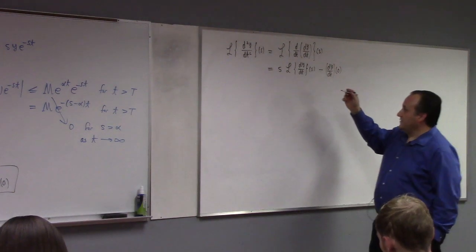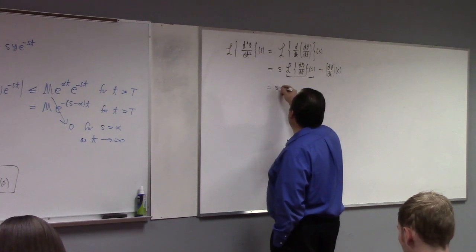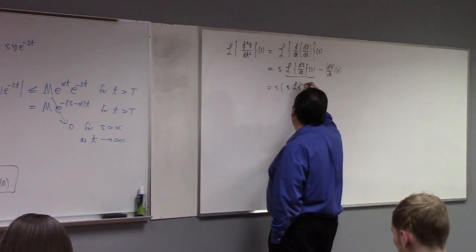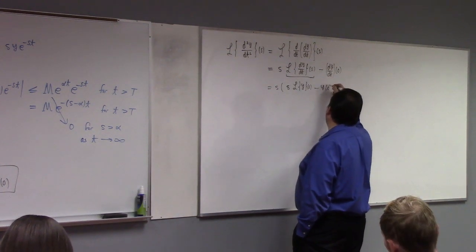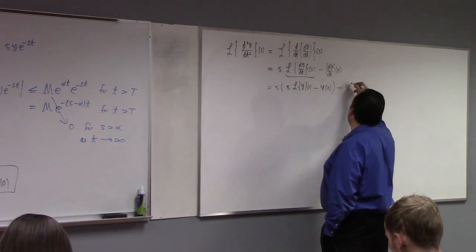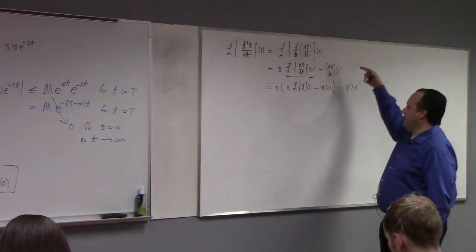But we also know what this is. So we've got s times the Laplace transform of y minus y of 0, minus, well, I'm going to say y prime of 0 because I'm tired of writing dy dt.